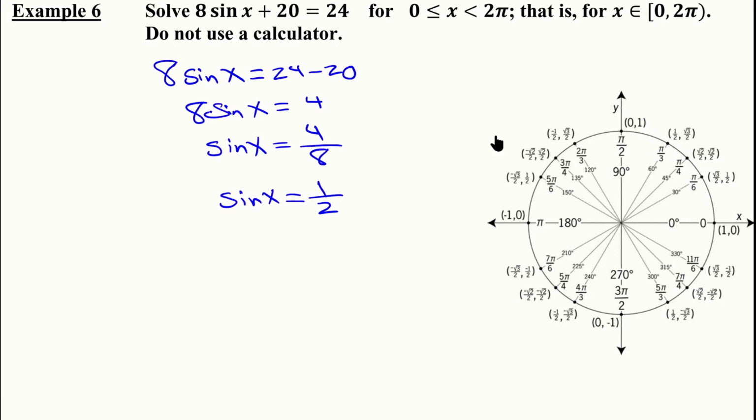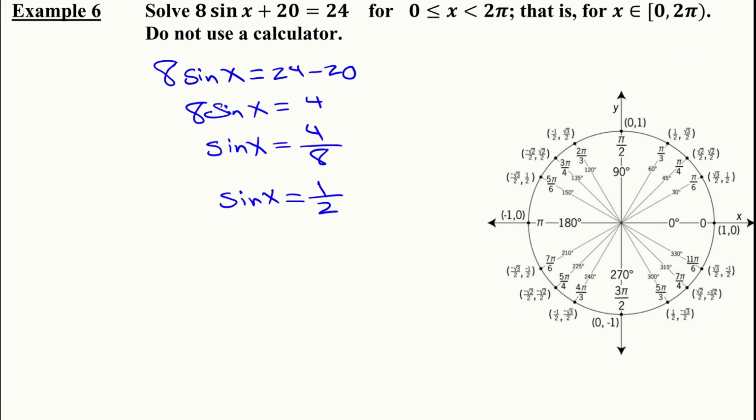And if they're giving us the area to look in terms of pi, you're going to go ahead and give your answers in radians. All right, so here, notice that we're going to get 2 solutions. Of course, these other relatives of pi over 6 will not work because for those two, the sine is negative 1/2.